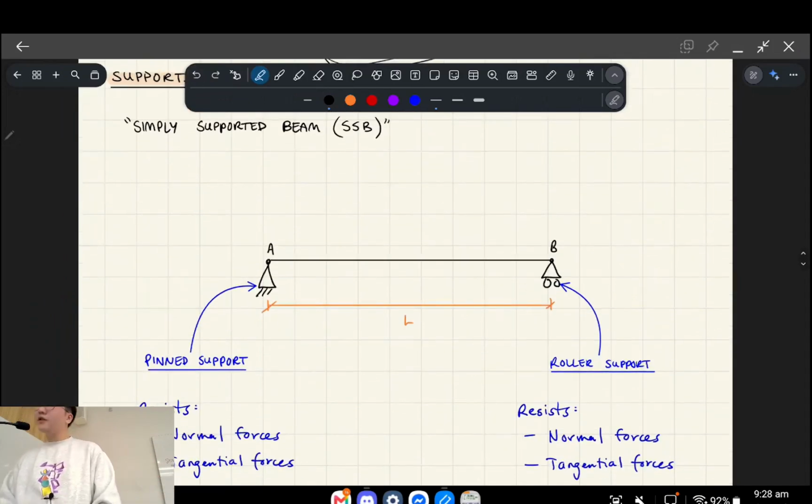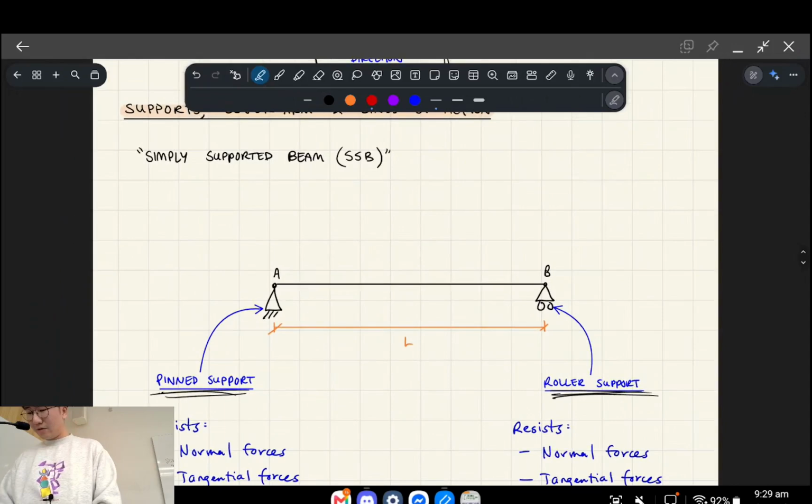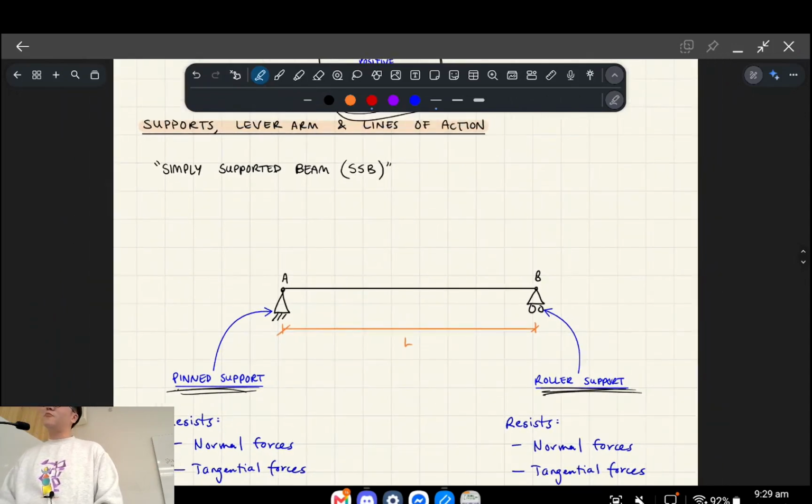One side has a pin support and one side has a roller support, and these are mathematical concepts, okay? The idea is that the combination of the pin and the roller support gives the minimum number of unknowns in order to solve this structure using our equations of equilibrium.